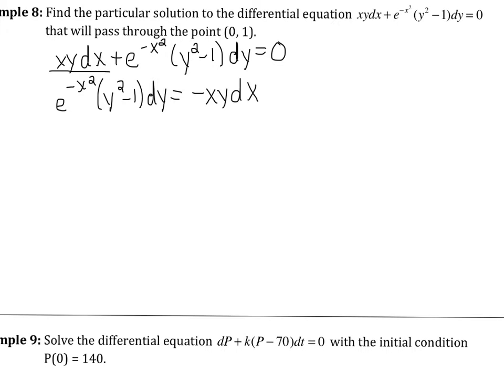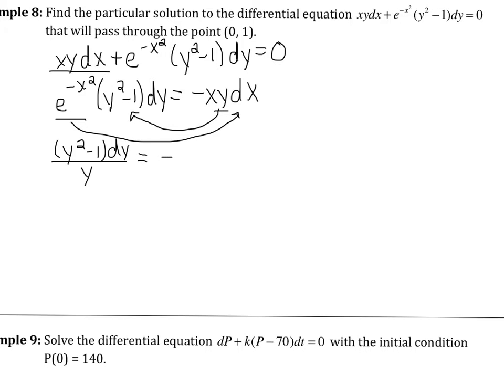I'm going to divide both sides by y to move him over to the left, and I will divide both sides by e to the negative x squared to move that over to the right. So when I do that, I will get y squared minus 1 dy over y equals negative x over e to the negative x squared dx. Okay, variables are separated.